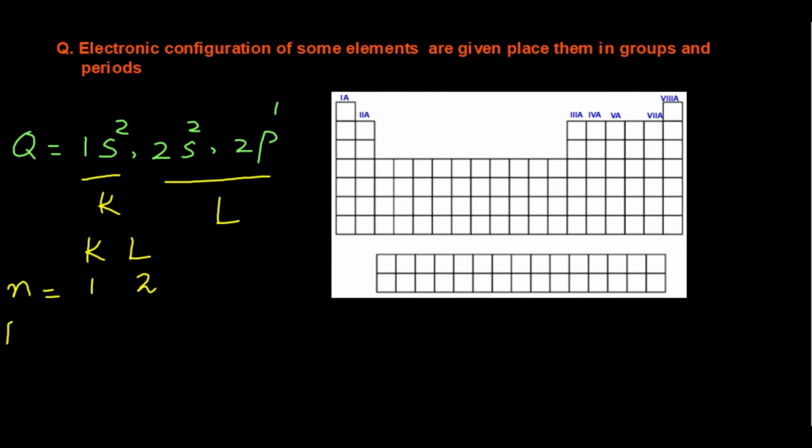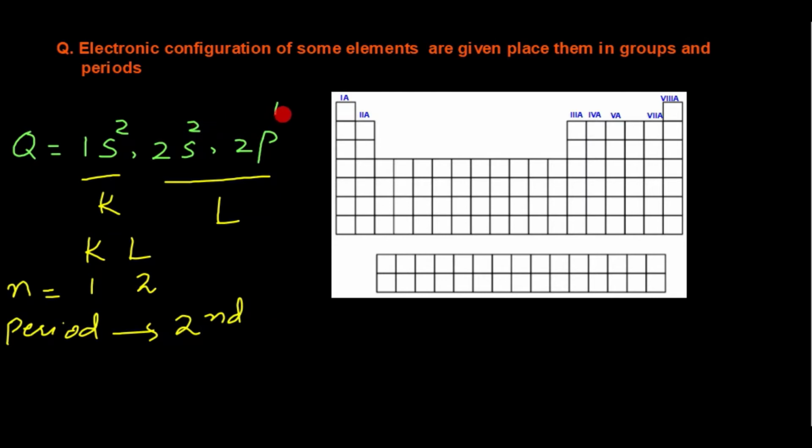So what is the period? It belongs to second period. And now we will find the group. How can we find the group? We will see how many electrons are present in the valence shell. L is the valence shell. How many electrons are there? 2 plus 1 is equal to 3.